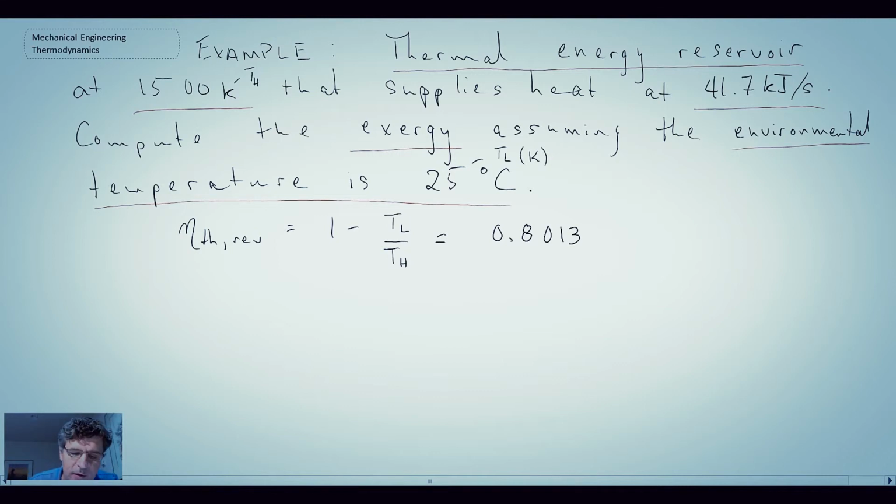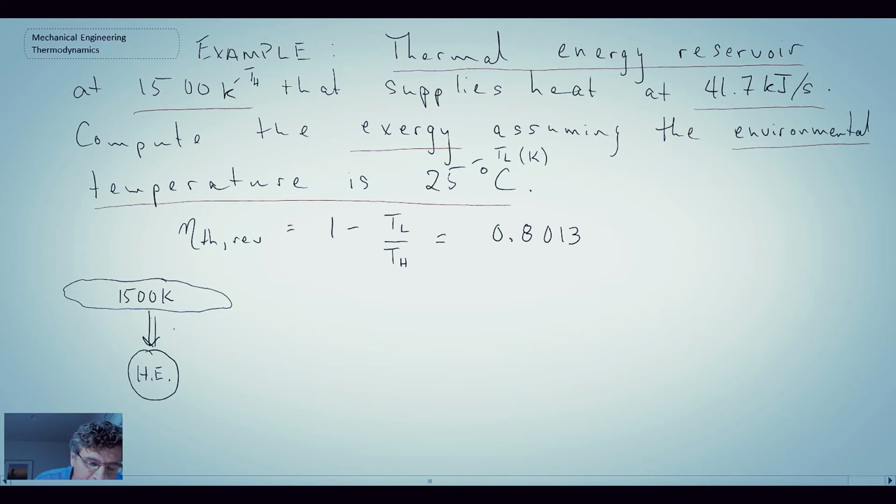Now let's draw a schematic of our heat engine. Again, it's a very conceptual, abstract one, where we have our source at 1500 Kelvin. Here we have our heat engine, and we have heat flowing in this direction.